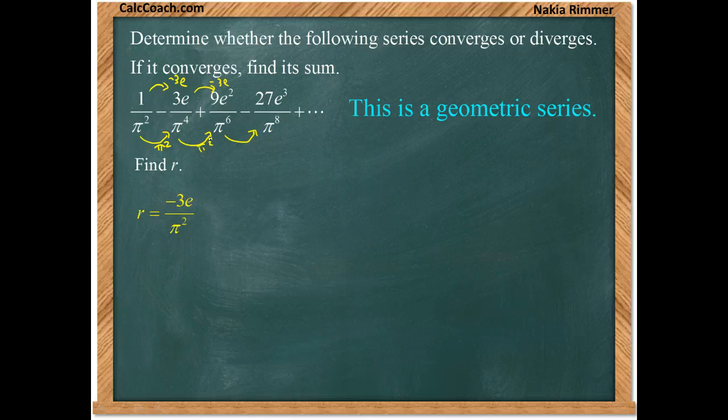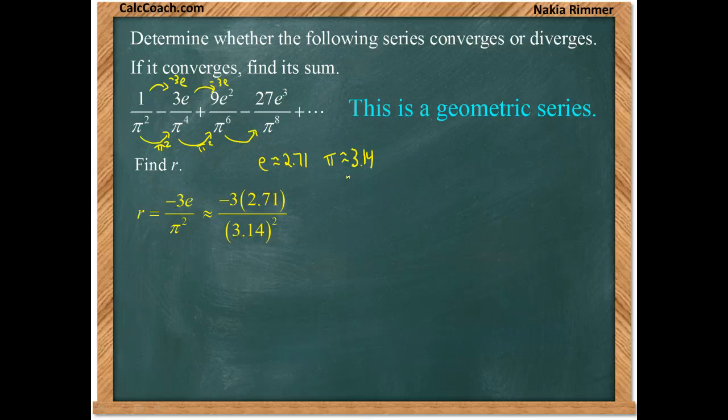The question is then, for this particular value of R, is it greater than 1 or less than 1 in absolute value? To do it, let's put in approximately what e is. e is approximately 2.71. Pi is approximately 3.14. Our job is to figure out if this is less than 1.